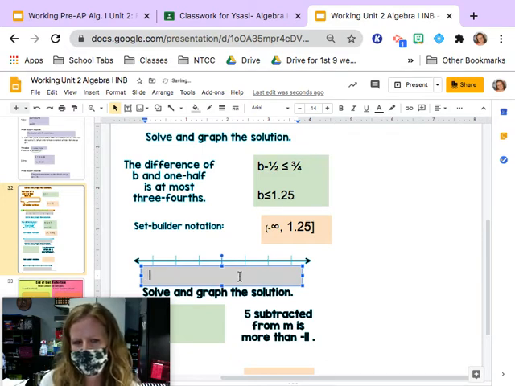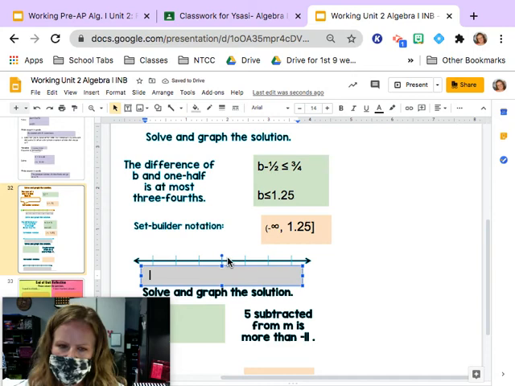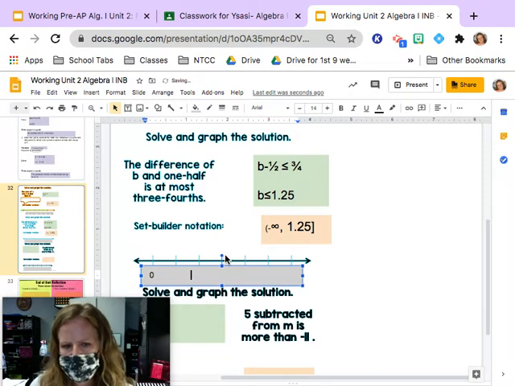So we need some numbers here. 0 and skip. Do 1 here. 2 here. 3 here.